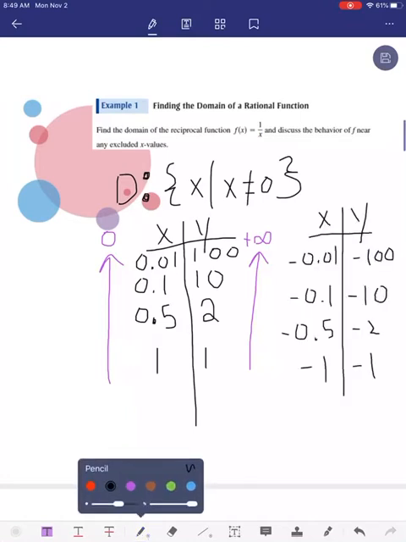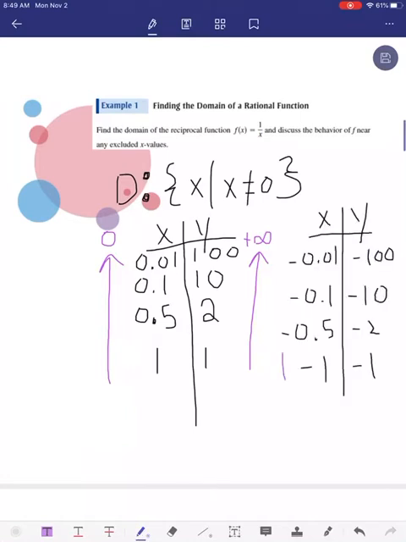So notice that our pattern is very similar. On my left side, as my values go towards 0, the number value is still getting bigger and bigger and bigger. But because there's a negative in front, those values are technically getting smaller and smaller, or more and more negative. So this time my y values are going towards negative infinity.